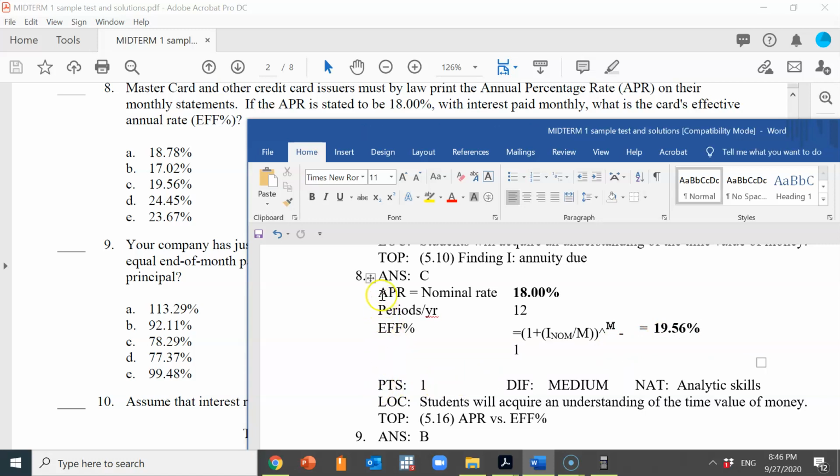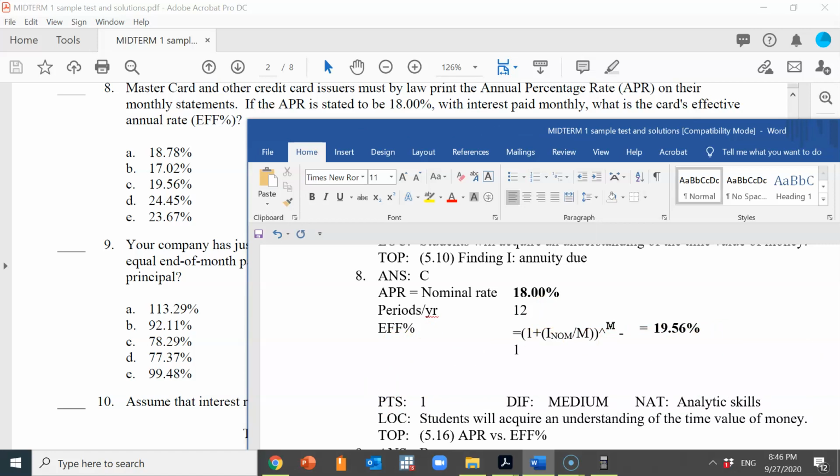So method 1 is our formula here. Method 2, using our financial calculator, we can press second ICONV, which is the same as the number 2 button, and input NOM as 18, down button twice, go to C/Y.